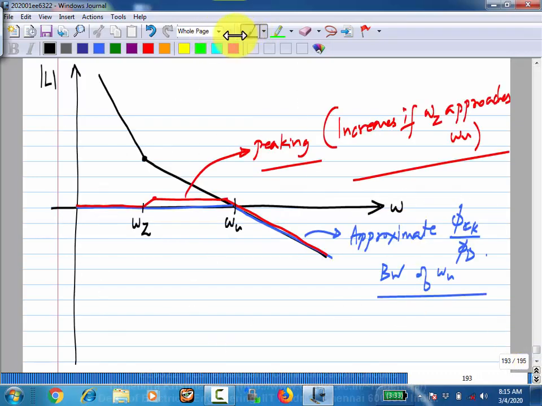So this is the loop gain, and this is phi_ck by phi_d. Okay.